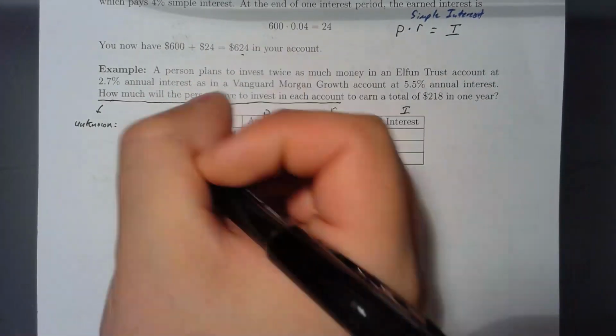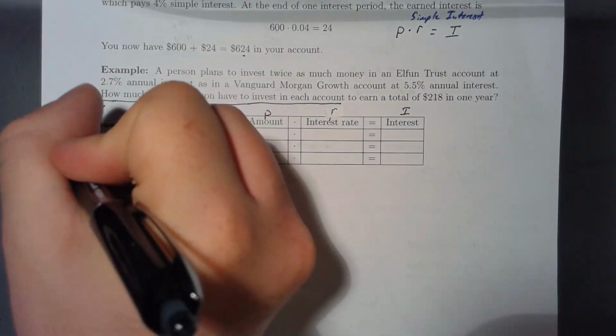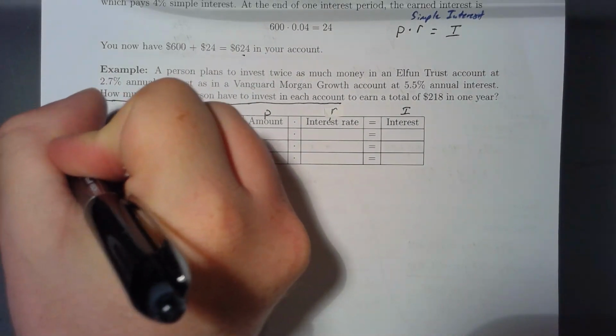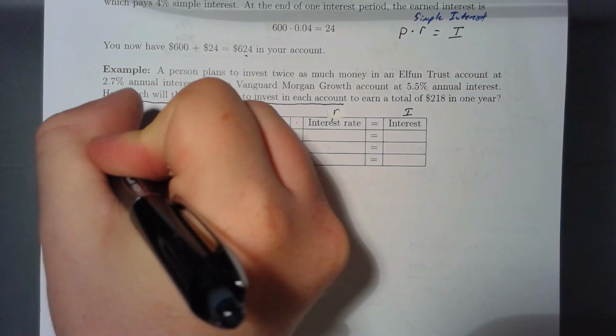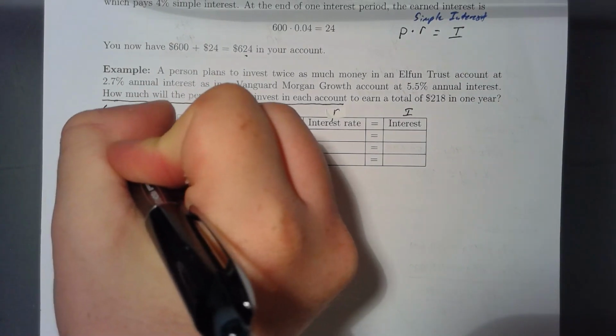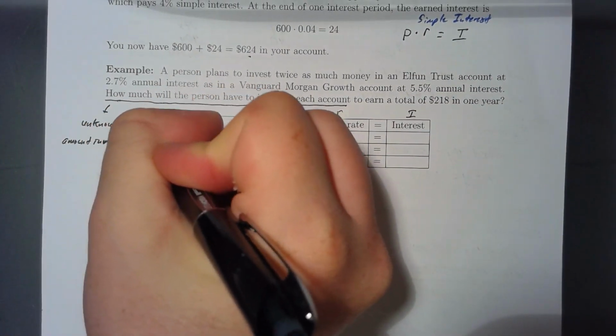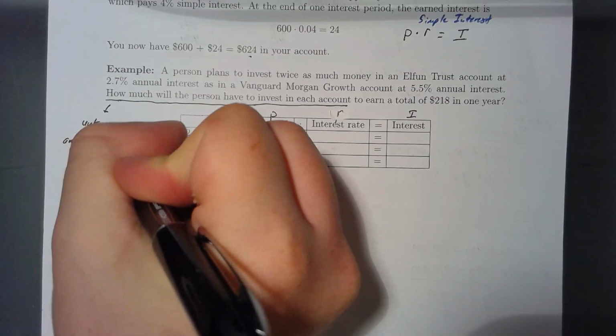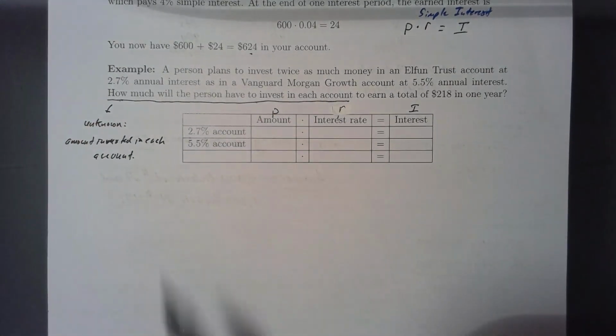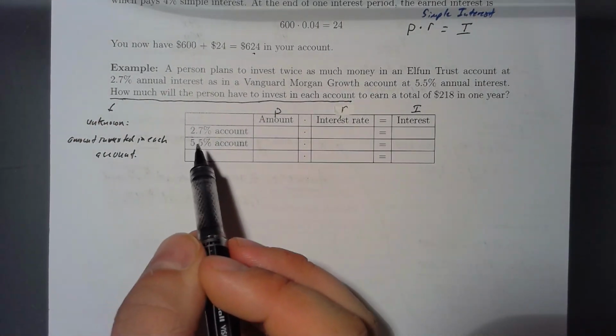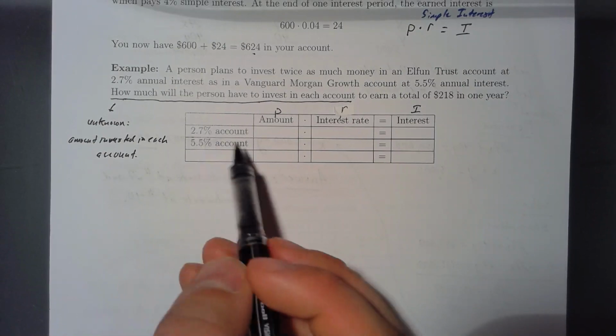So that's the amount invested in each account. Since I have two different types of accounts, I'm going to have two variables to identify each.